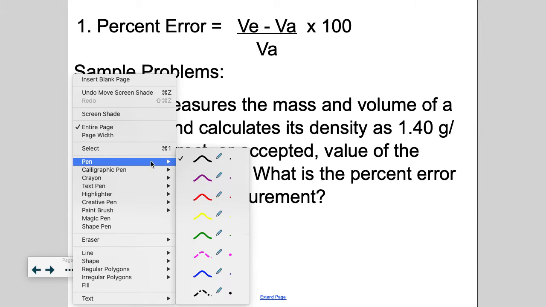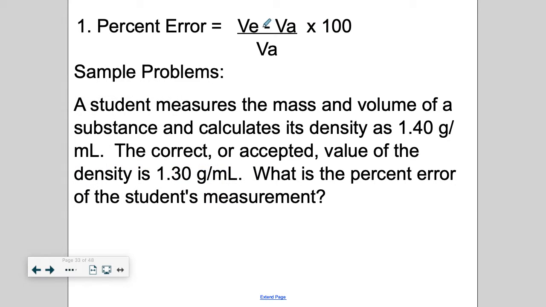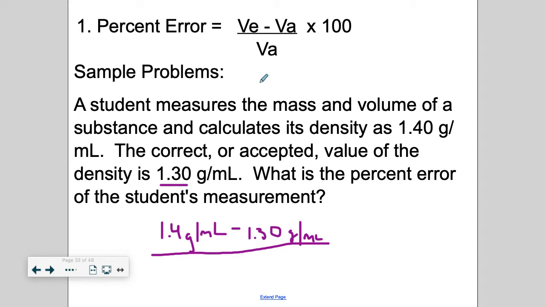So we're going to set this up. What was my experimental value? 1.4. So I'm going to write 1.4 grams per milliliter minus the actual. What was the actual? Yep, 1.3 grams per milliliter. Division sign there, divided by 1.3.